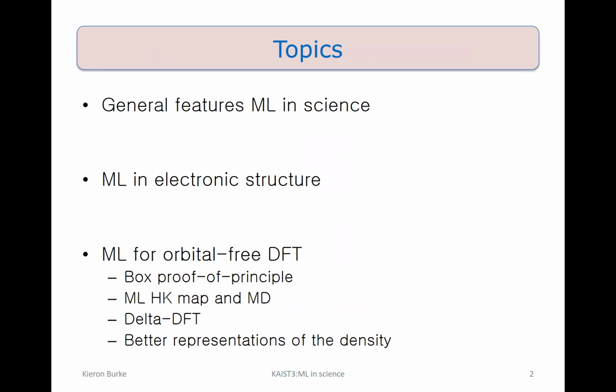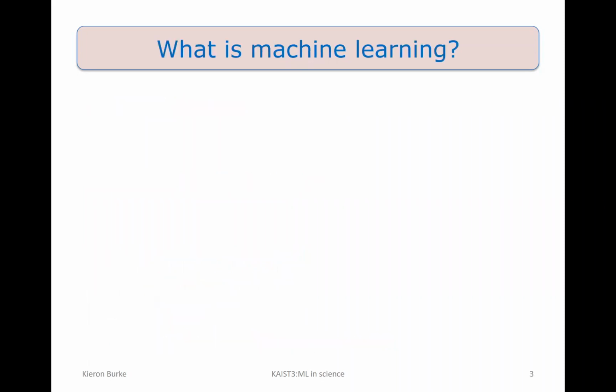So first, I'll give a very quick overview of machine learning and science, and then some recent developments in machine learning and electronic structure. And then the main topic of the lectures is using machine learning to find density functions.